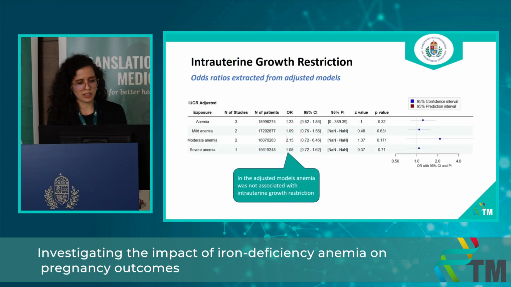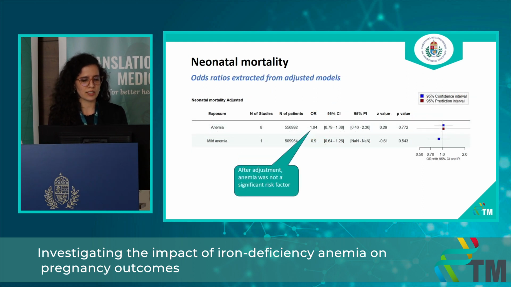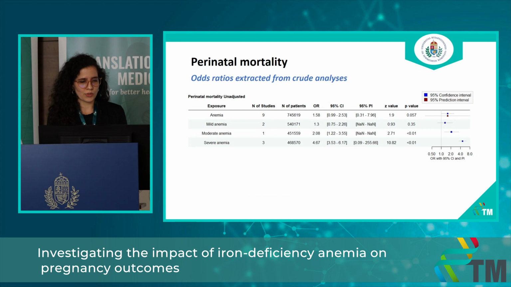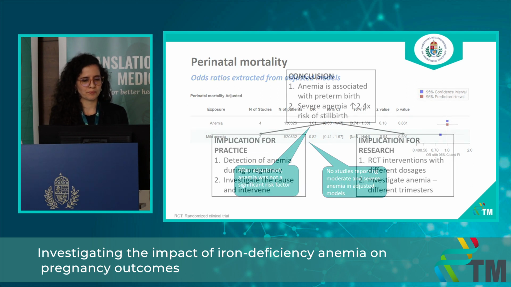However, again, in the adjusted model, we do not see this. In neonatal mortality, we found that anemia and severe anemia were associated with this outcome, and we didn't find anything in the adjusted model. Also in perinatal mortality, moderate and severe anemia were associated, and in the adjusted model, not.